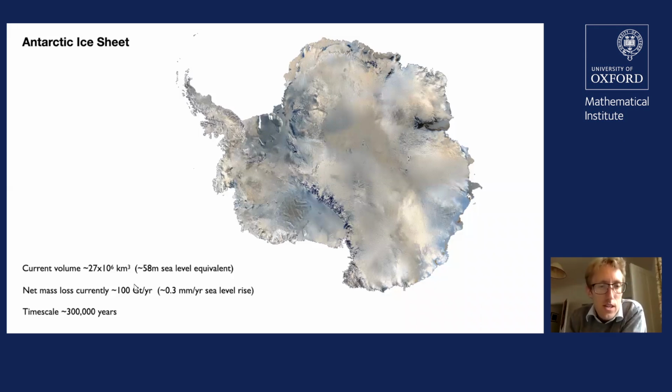And I think it's useful to have this in mind: if you work out how long, given the current rate at which ice has been lost from Antarctica, it would last, it wouldn't disappear for 300,000 years. So the timescales involved here are quite long.